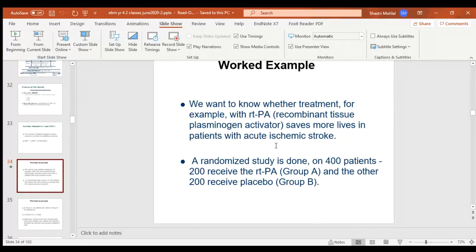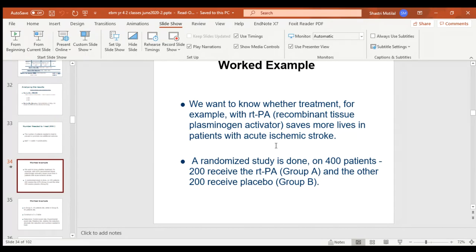We want to know if it really saves more lives in people with acute ischemic stroke. The evidence confirms that it does save lives in people with acute ischemic stroke and prevents disability, once people can get to the hospital and get the treatment within about 4.5 hours from the onset of symptoms. That rarely happens in our setting, because people often don't get to the hospital and get the CT scan and the treatment in time.